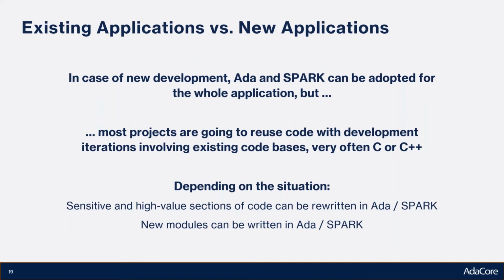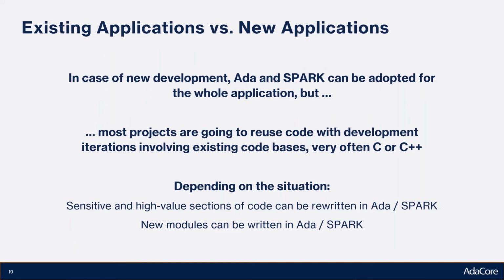Usually, almost always, we build on code that's already been written and known to work that we trust. So to improve the quality of existing code bases, or to add quality modules to existing code bases, we have a couple of options. You could rewrite specific sections using Ada and Spark, or you could add new modules that have been written in Ada and Spark.